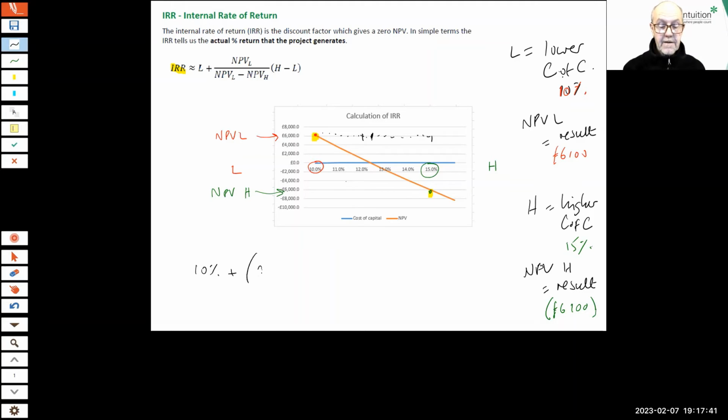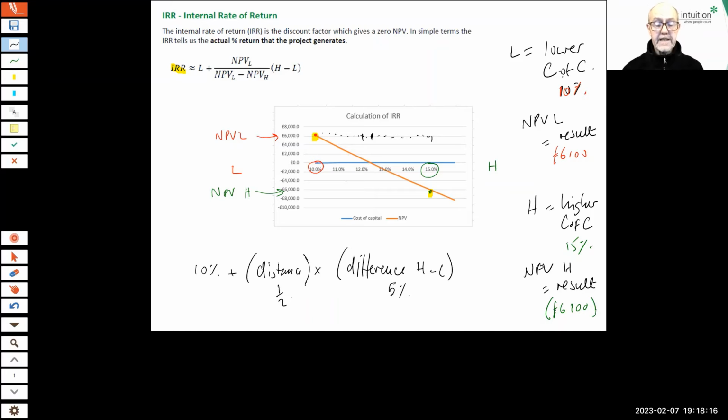So distance along times the difference between H and L. Now the difference between 10 and 5 is 5. And we're about halfway along.